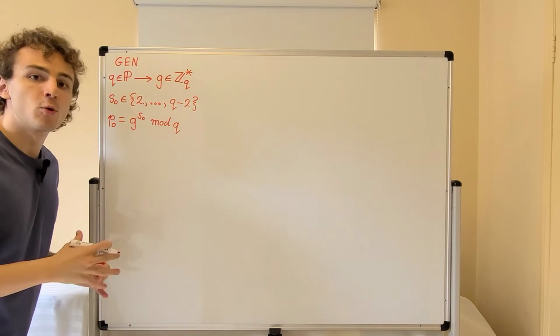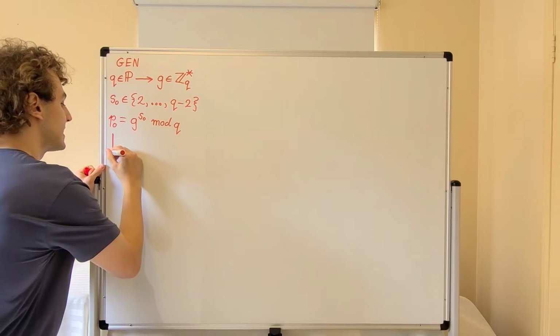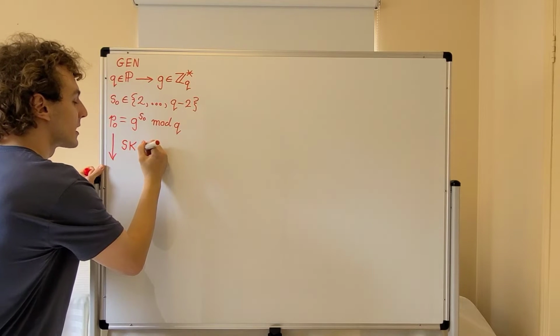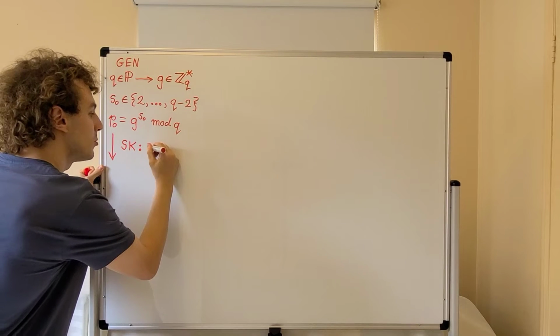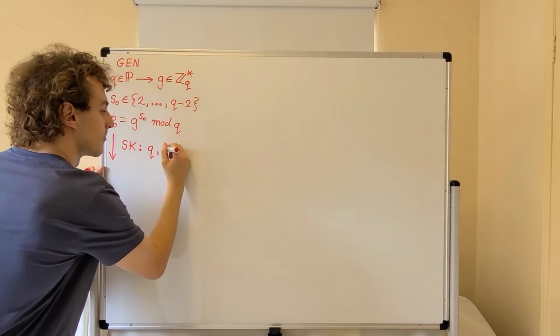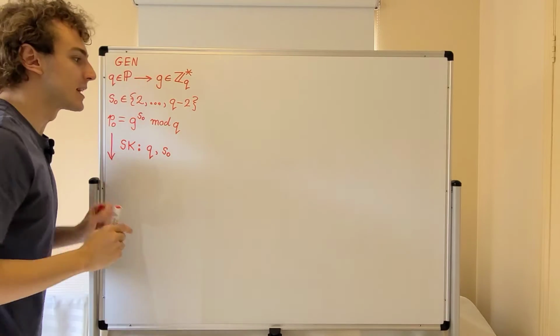The secret key will be used to decrypt messages. So we can have the secret key over here. Secret key, or SK, is going to consist of this prime value, Q, and the secret value S0. So this is the secret key. Now let's have a look at the public key.